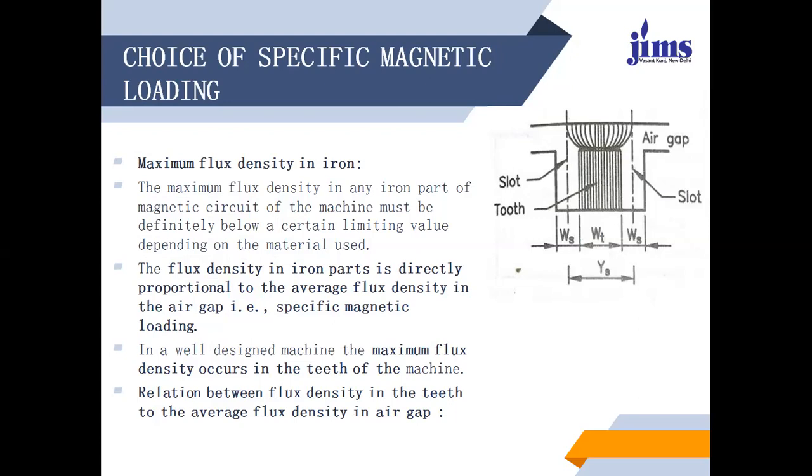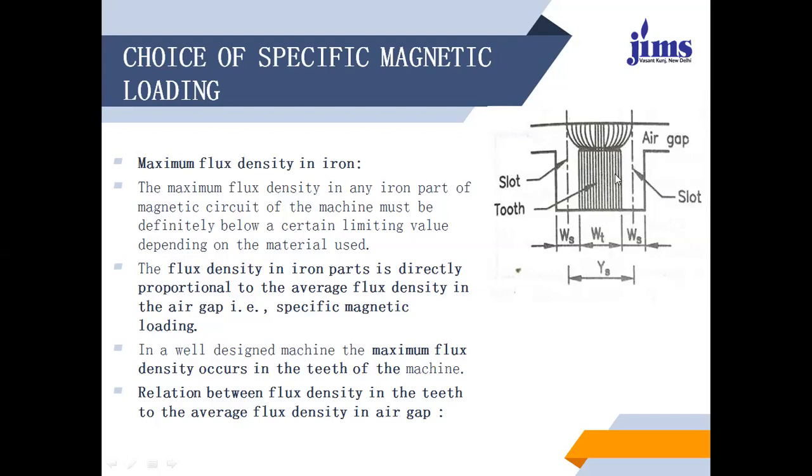As we know from the diagram, the lower part is the rotor part, where the iron is, and the upper part indicates the stator part, and in between the rotor and the stator is the air gap. This will be the slot, which is indicated over the point, and this will be the tooth of the rotor.